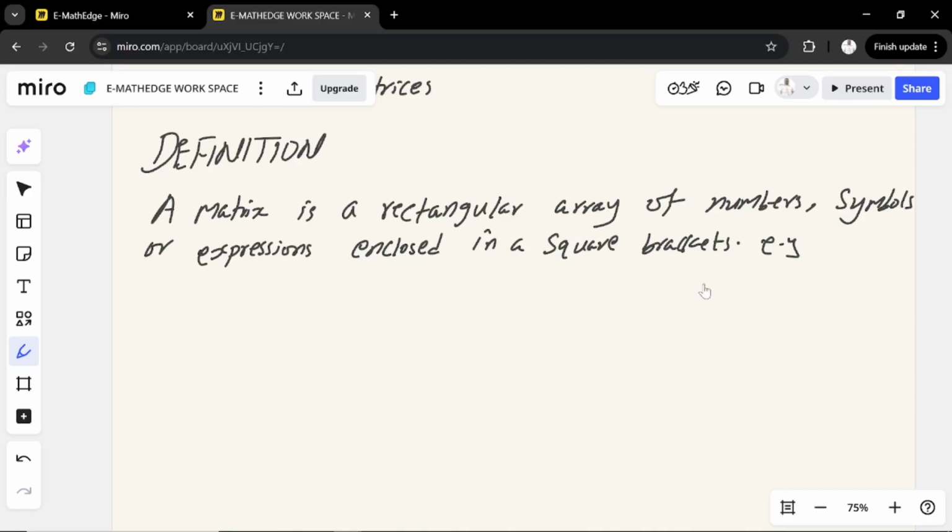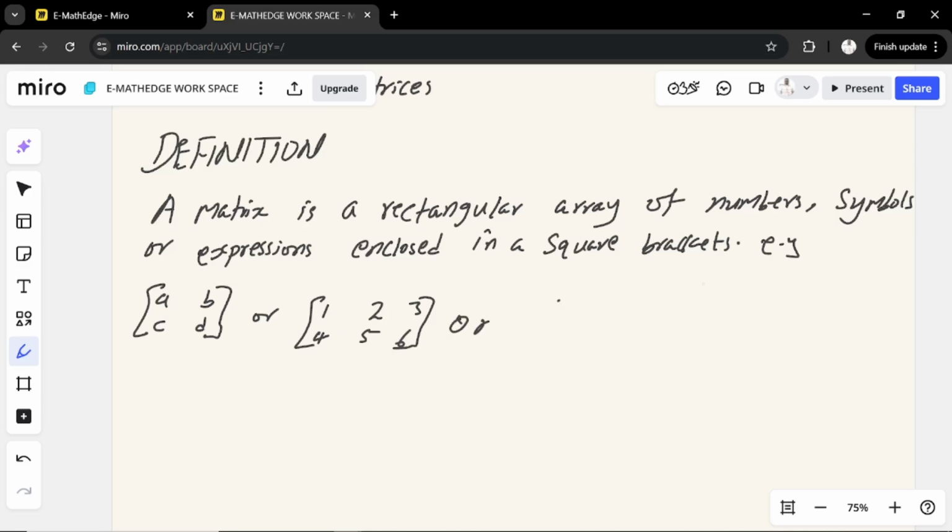So let's look at examples. If you have anything in the form of this, A, B, C, D, it's a matrix. Or if you have anything in the form of this, 1, 2, 3, enclosed in a square bracket, 4, 5, and 6.